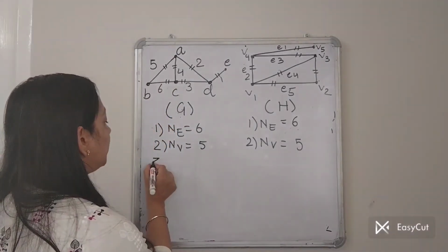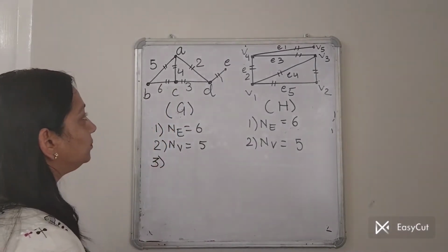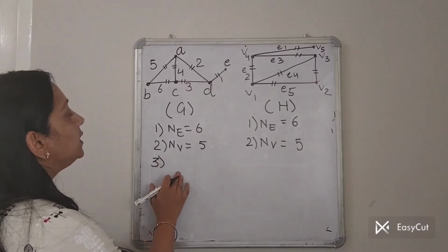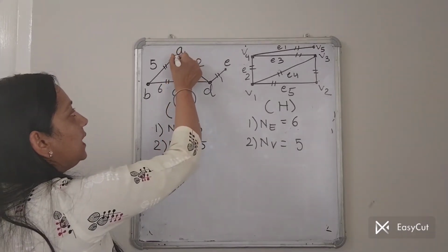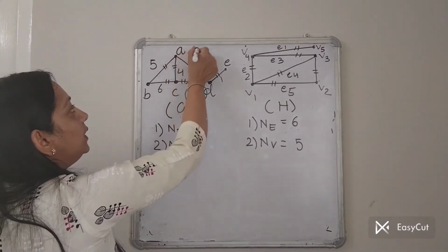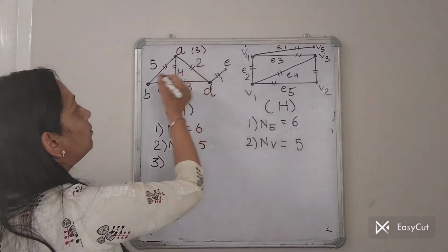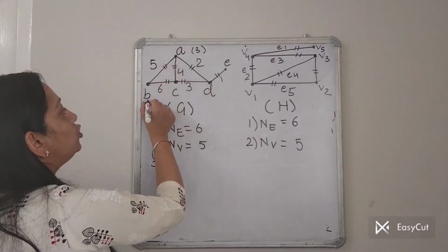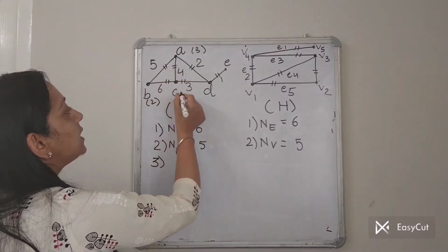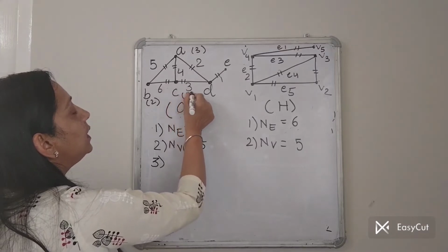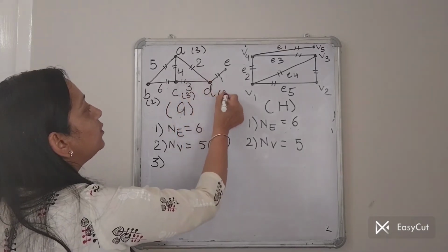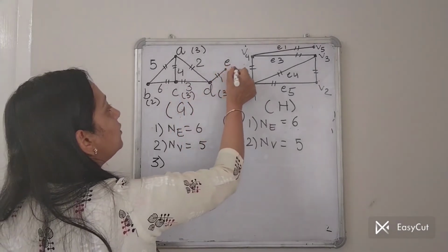So now let's look at the degree sequence. A has degree 3, B has degree 2, C has degree 3, D has degree 3 and E has degree 1.